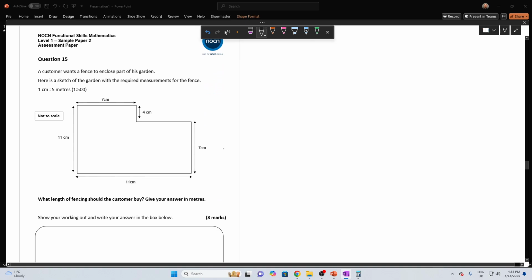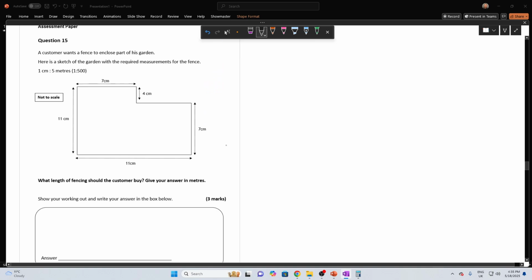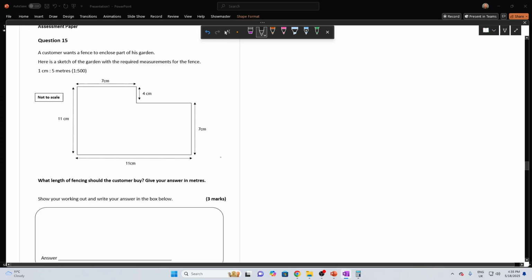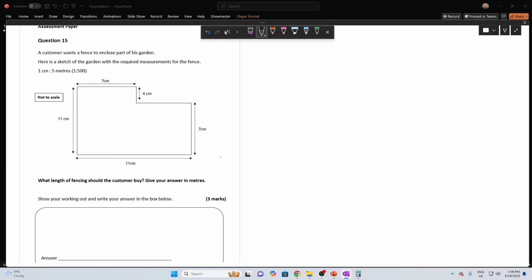Question 15. A customer wants a fence to enclose part of his garden. Here is the sketch of the garden with the required measurement for the fence. 1 centimeter is 5 meters, or ratio 1 to 500. So we have our numbers.